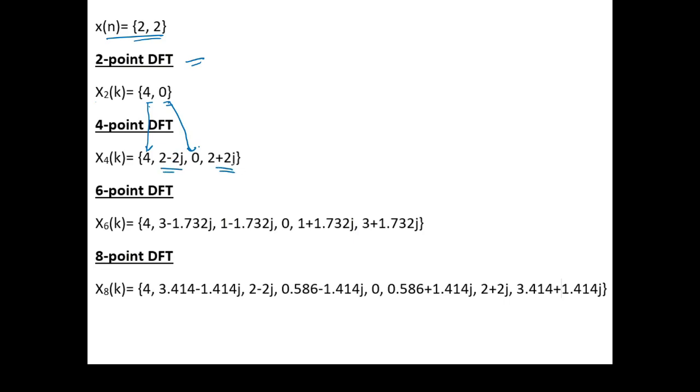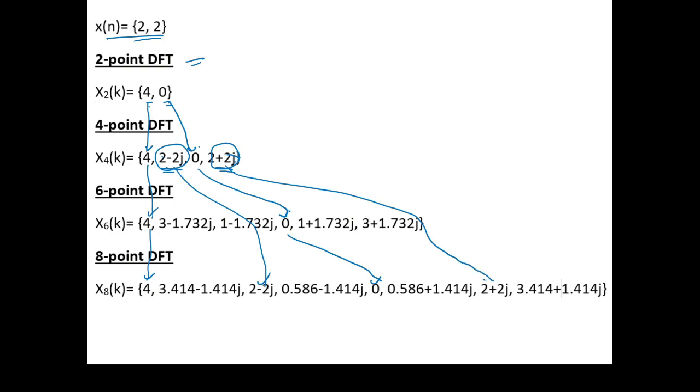Herein 2 more components have been added. When we go for the 6-point DFT, these are there, but these 2 points are not there because we have changed the window positions. That's why these 2 positions are not there. However, as we go towards the 8-point DFT, if you see, these 2 points have also appeared.